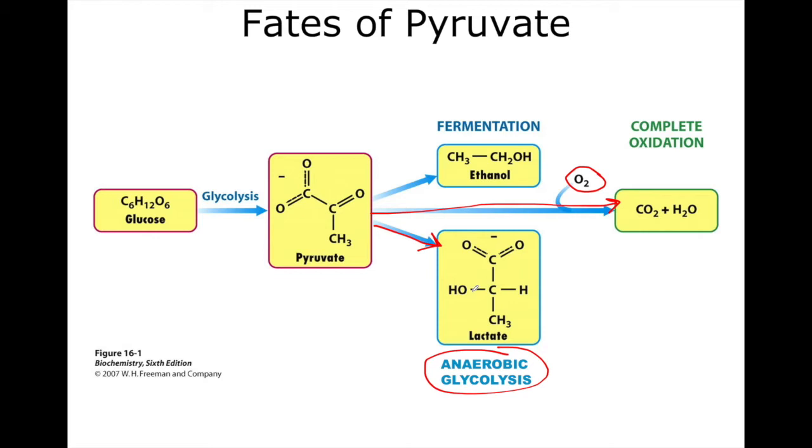Lactic acid builds up in the muscles, and it can be toxic, and also can cause some sensations of tingling and such. So the question we want to answer here: why is pyruvate converted into ethanol in some organisms, and why is it converted to lactate in other organisms under conditions of low oxygen, anaerobic conditions?